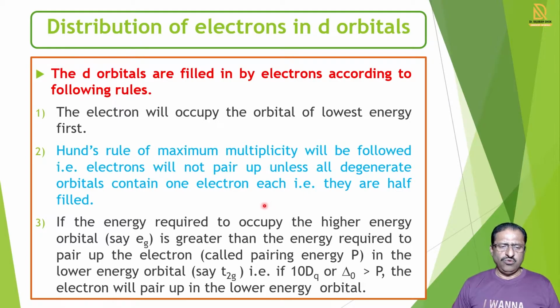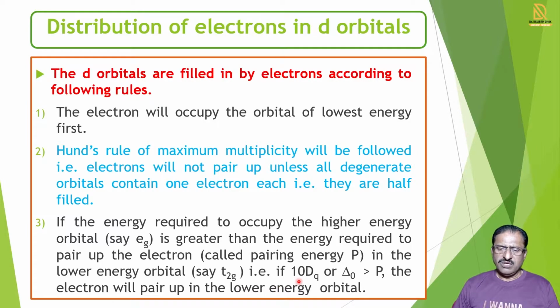Then the third rule: if the energy required to occupy the higher energy orbitals is greater than the energy required to pair up the electrons, that is the pairing energy, in that case the lower energy orbitals are filled first.